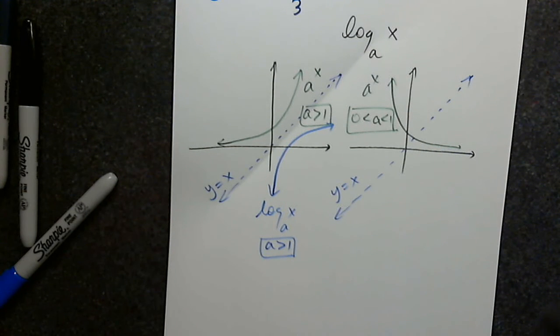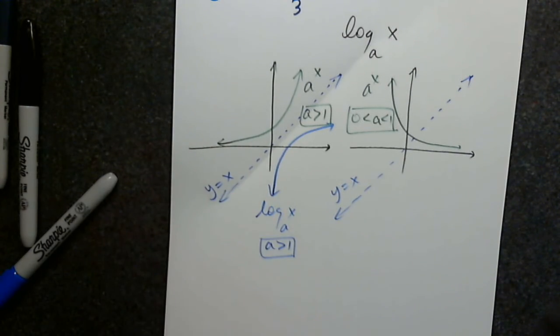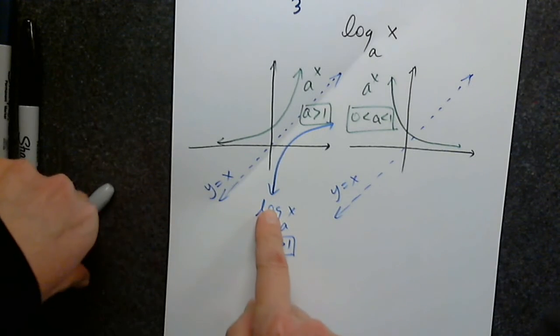The domain for the exponential function is negative infinity to infinity, and the range is 0 to infinity. When we reverse those, we create a domain and range for the inverse function. So I call log a non-friendly function. I call exponential friendly because I don't have to worry about it. But here I have to worry about it.